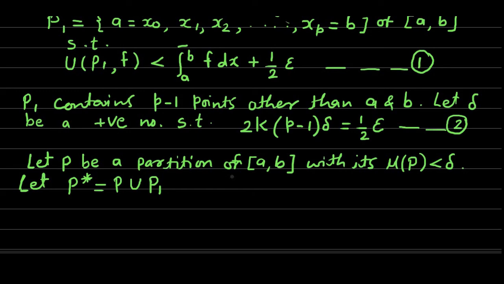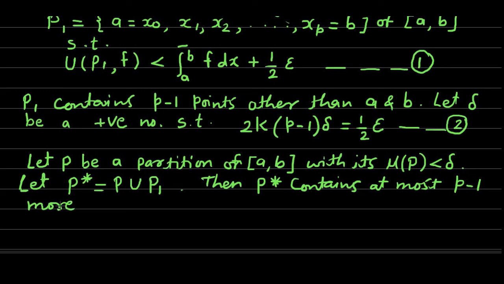Next one, then obviously this P star will contain at most P minus 1 more points than that of the partition P1.